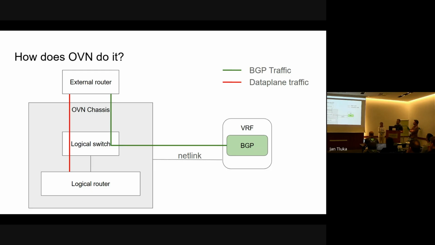So you need to make it so it works well with what OVN expects. And OVN handles it by creating a netlink connection with the VRF, where the OVN controller reads and writes routes into that VRF. And then later on, the BGP daemon can talk BGP control plane, advertise routes, and install the routes into the VRF for further processing.